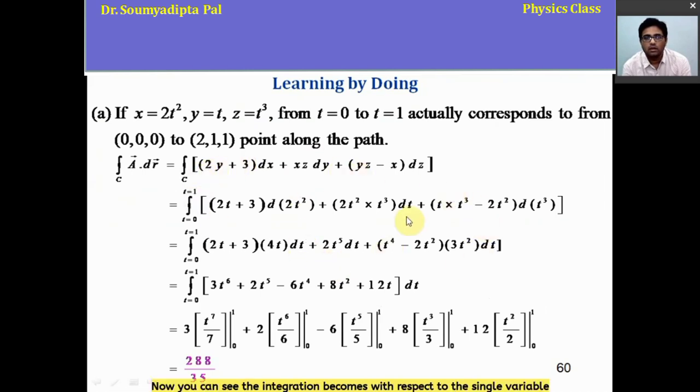Now you can see the integration becomes with respect to the single variable t and it varies from 0 to 1. Here the lower limit is 0 and the upper limit is 1. As a result, our life becomes easy in solving this integration because there is only one variable. And finally, putting in the limits, we get this form.